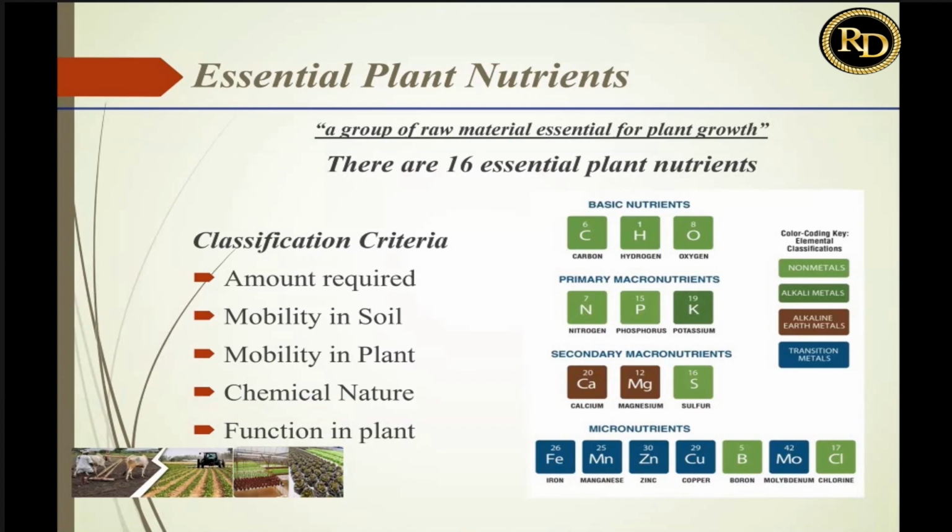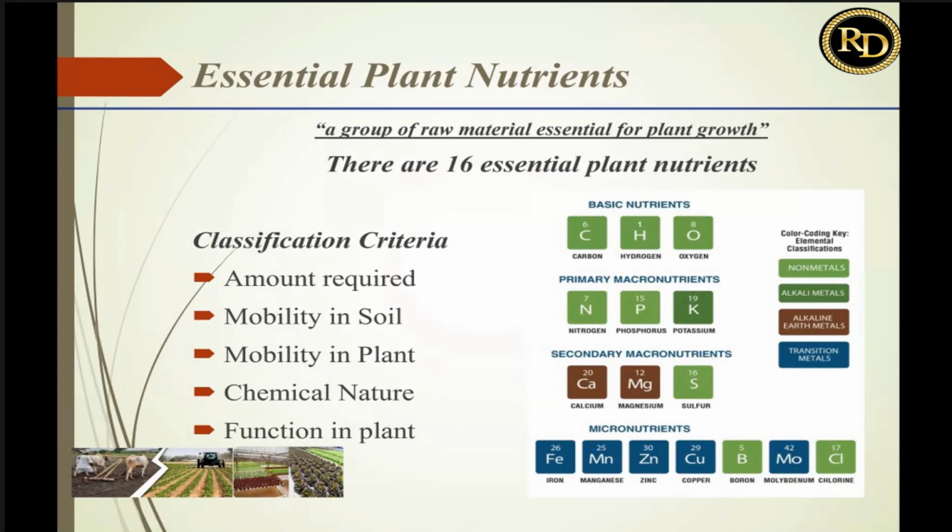The basic concept again: there are different classifications of the essential nutrients. Some are primary nutrients, some secondary, and some micronutrients. And then chlorine is added, though even chlorine is still not unanimously considered an essential nutrient.